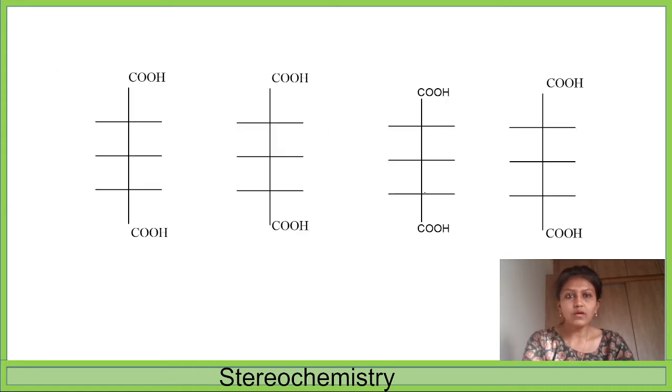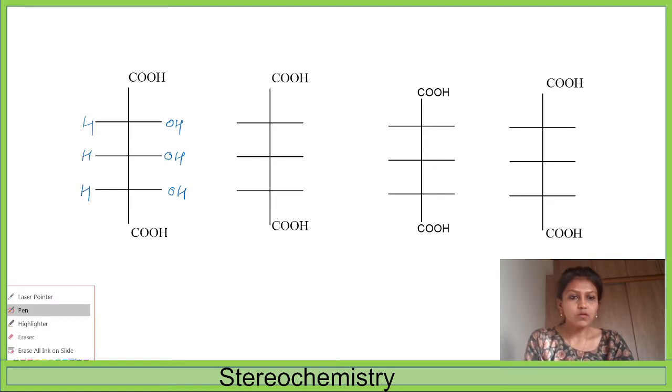Now I will give an example. So firstly we will talk about the pseudochiral carbon, right? Suppose OH, OH and OH. Suppose I assign the configuration at carbon number 2, 3 and 4.